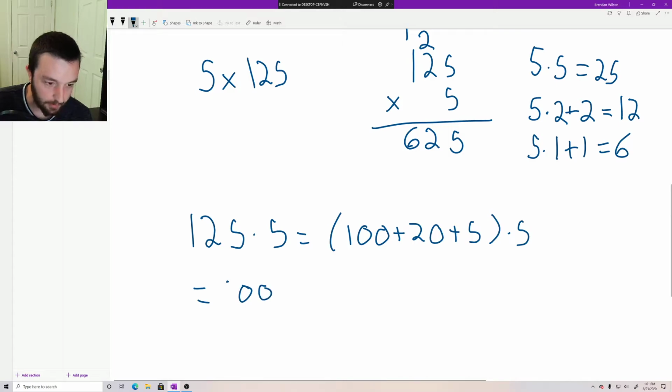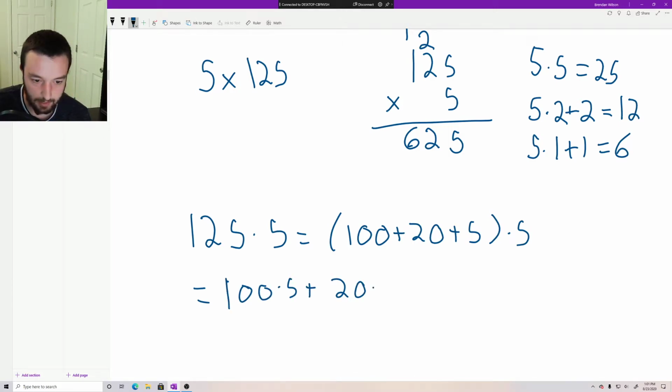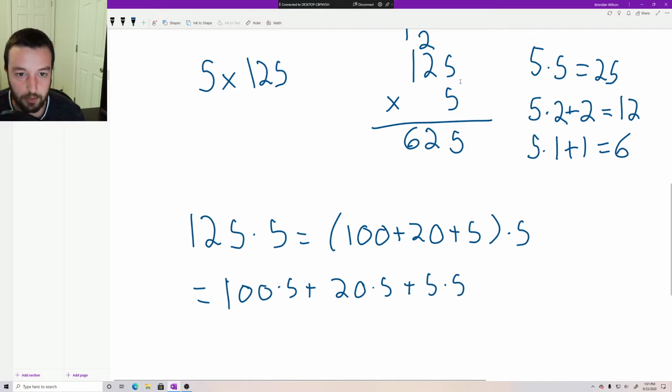So 100 times 5 plus 20 times 5 plus 5 times 5. And that's all we did when we were doing the algorithm. First, we did 5 times 5 to get 25. Then we did 5 times this 2, which is really like 5 times 20. We just don't have to worry about that 0 because we're putting it in the tens place anyway.